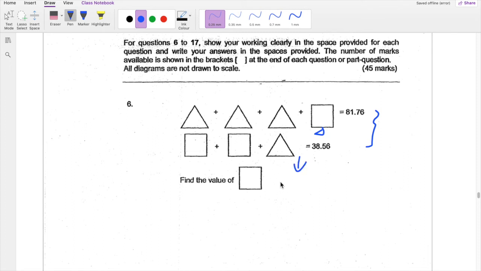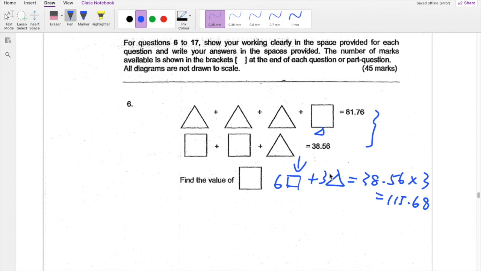For the second one, we have 6 squares plus 3 triangles. We multiply 38.56 by 3, so this one equals 115.68. Then we use this one minus this one.